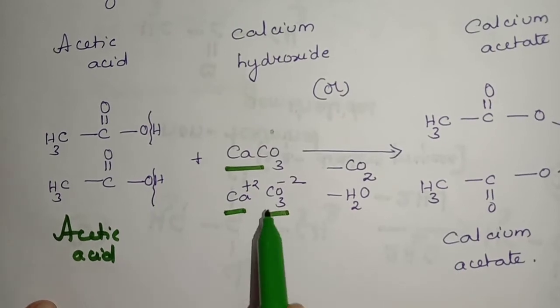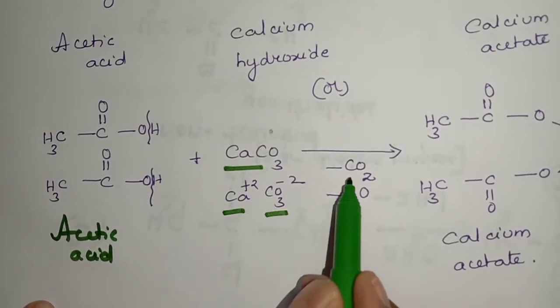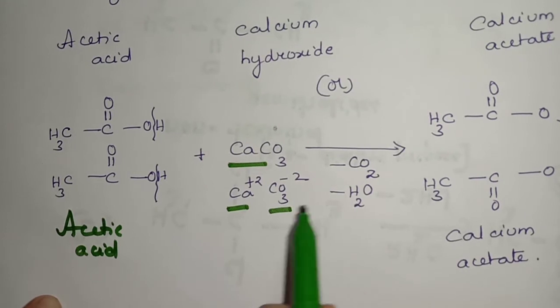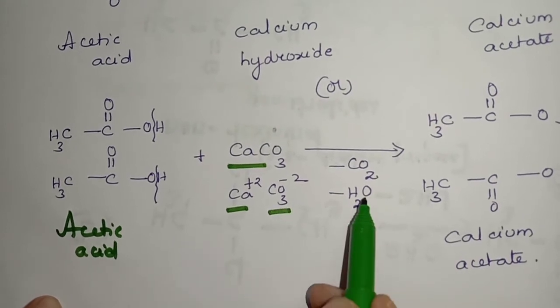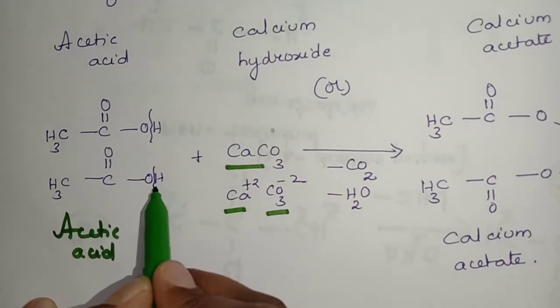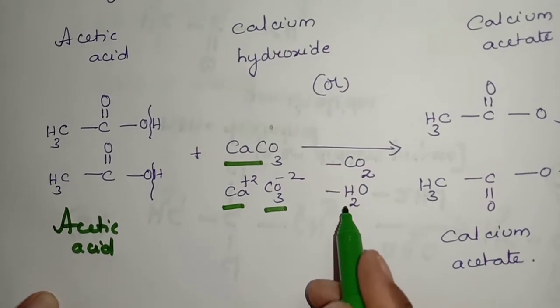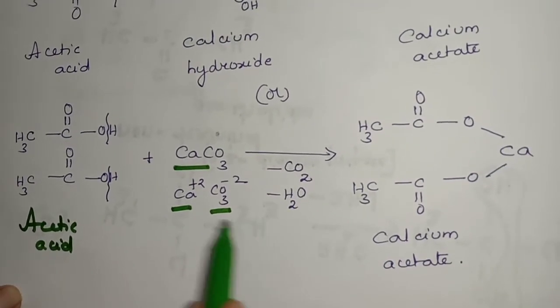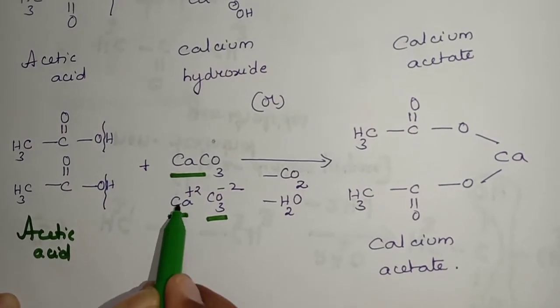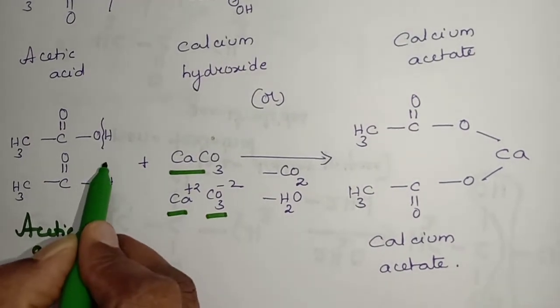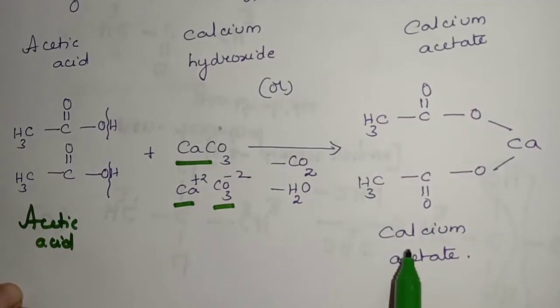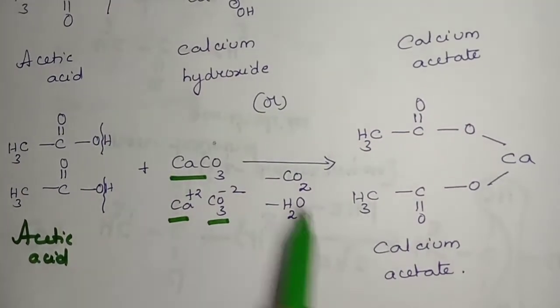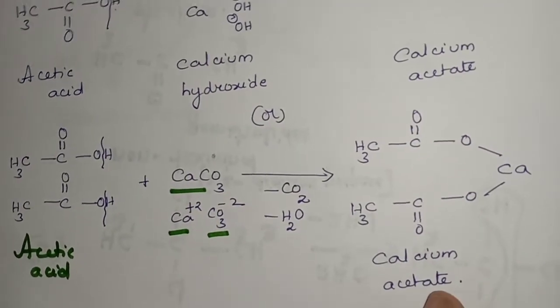From the CO3 minus 2, carbon dioxide comes out and 1 oxygen remains. That oxygen combines with these 2 hydrogens and comes out as H2O. So minus CO2 and minus H2O. What remains? Ca plus 2. This Ca plus 2 links over here forming calcium acetate. This I have given just for your information.